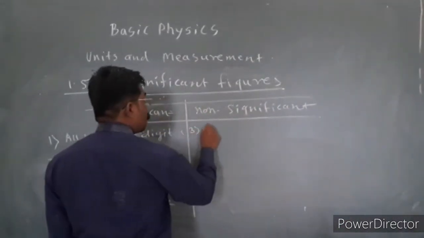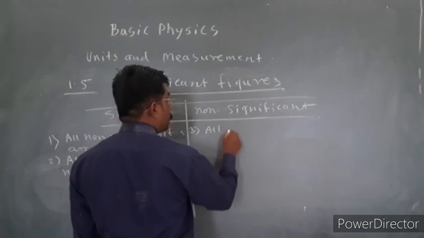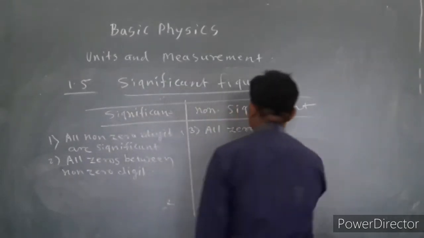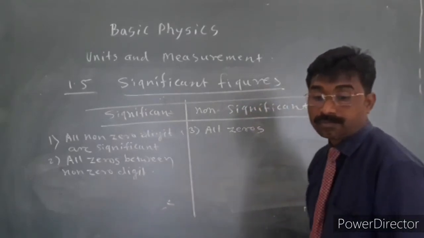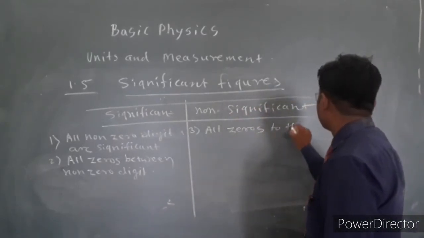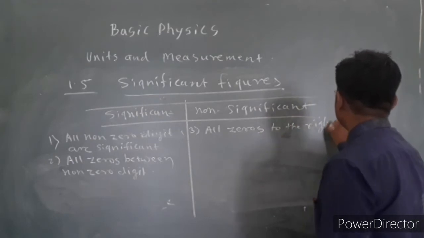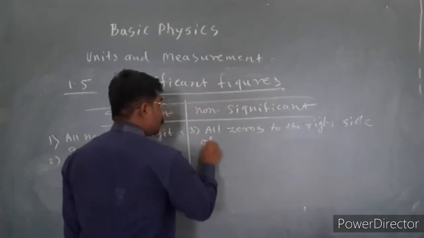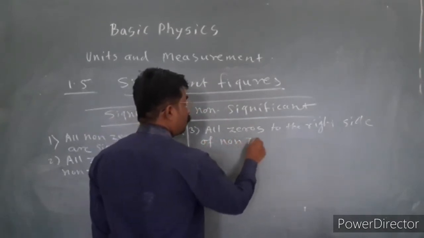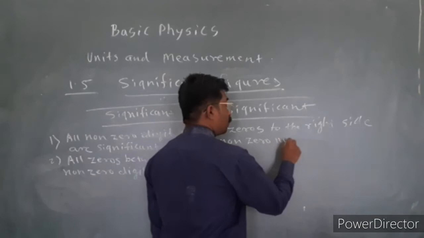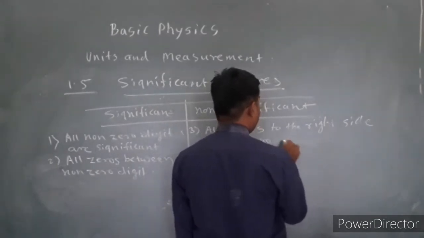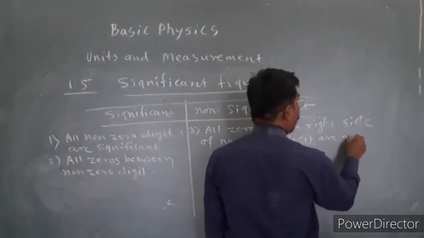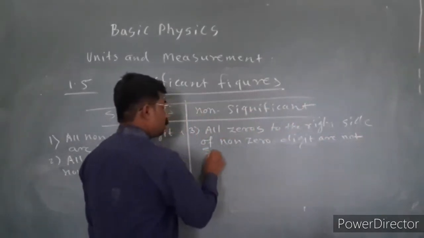Third rule is all zeros to the right side of a non-zero number or non-zero digit are not significant.